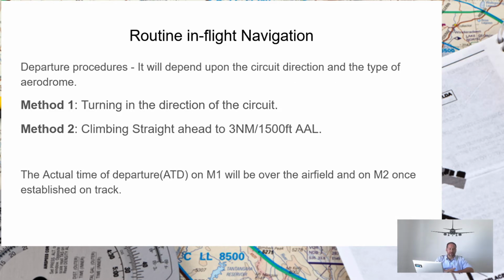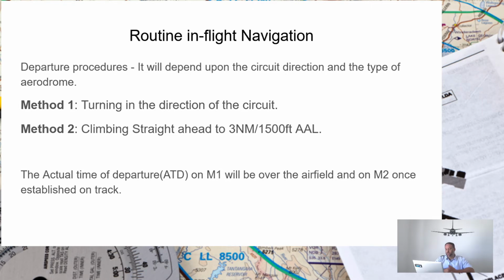Routine in-flight navigation. Departure procedures. It will depend upon the circuit direction and the type of aerodrome. It's how you leave your airport or your runway. Method 1: turning in the direction of the circuit, very popular.